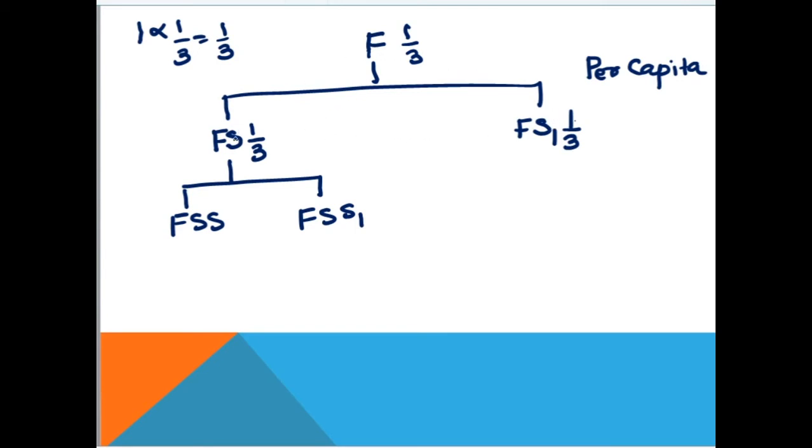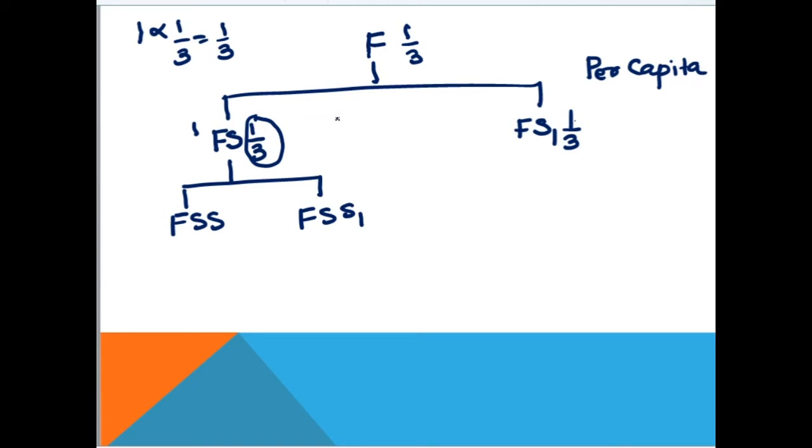And with regards to FS and his sons FSS and FSS1, this 1/3 would be the ancestral property, and now this 1/3 will be divided amongst FSS and FSS1.